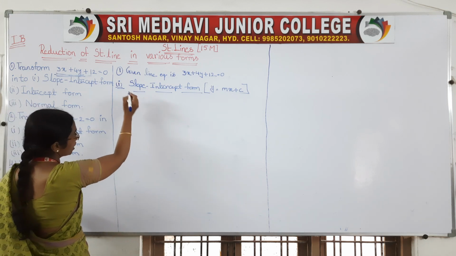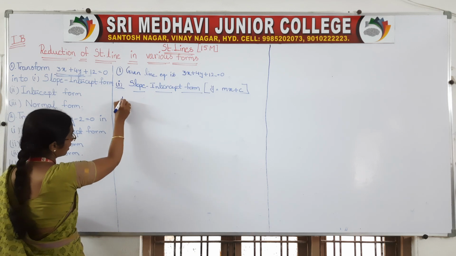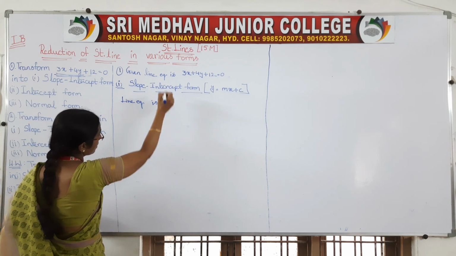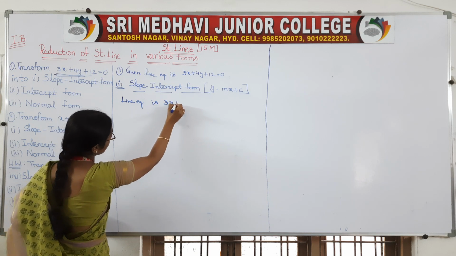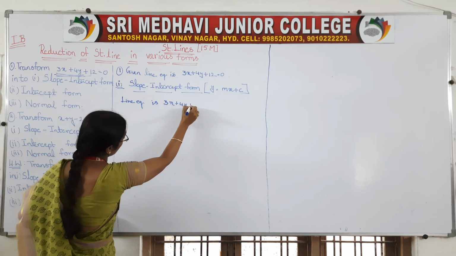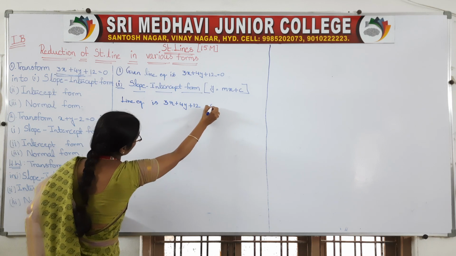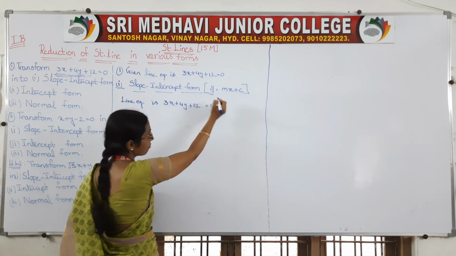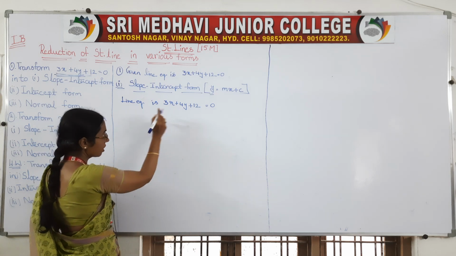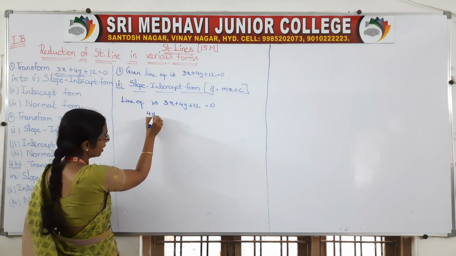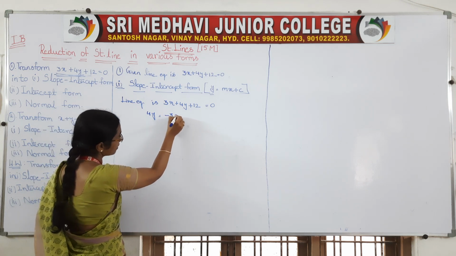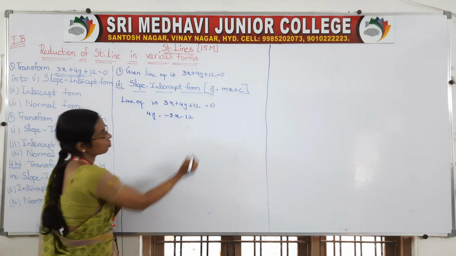Now take the line equation. The line equation is 3x plus 4y plus 12 is equal to 0. I said on the left side only y must be there. So keep your y term on this side and send the remaining terms to the other side: 4y is equal to minus 3x minus 12.